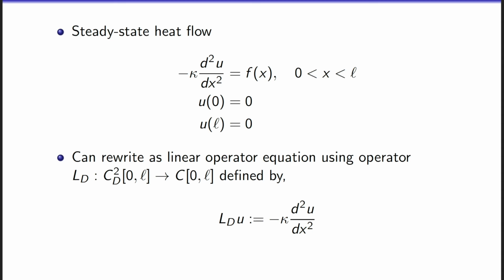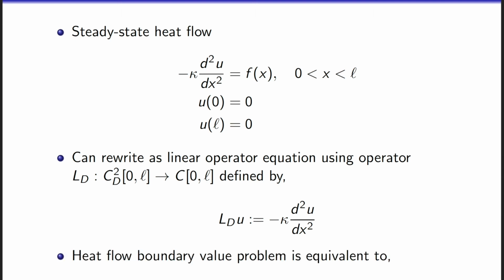The operator is defined such that it is negative kappa times the second derivative of u. So L_D takes a function and returns negative kappa times the second derivative of that function with respect to x.